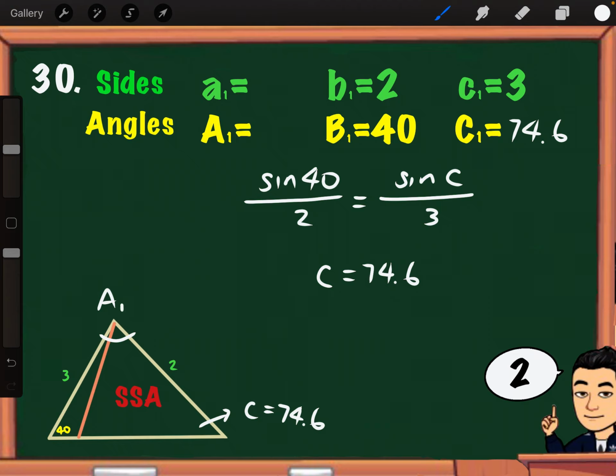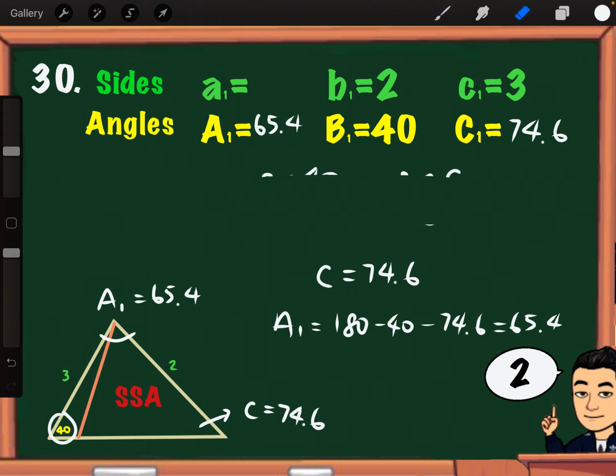So angle A is going to equal 180, subtract 40, and subtract 74.6, which is going to equal 65.4. So this is going to be 65.4.